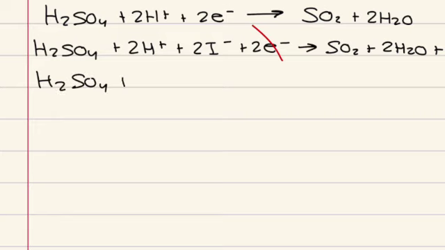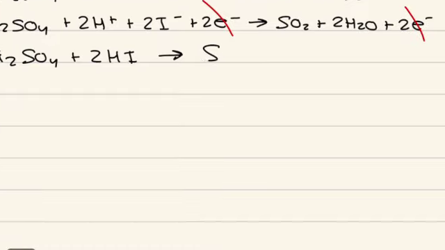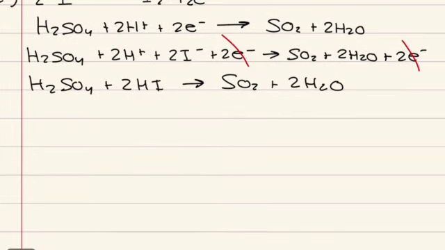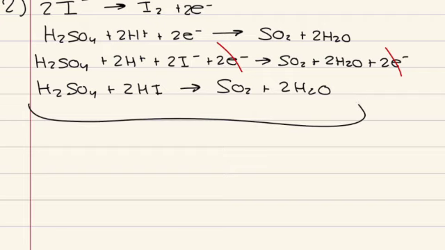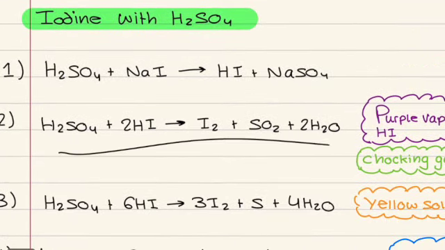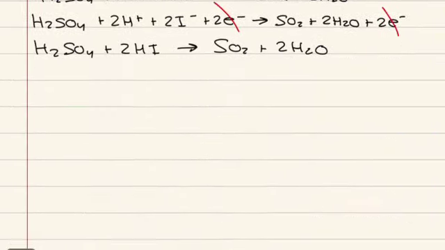So that's our first equation constructed. I hope you understand how we did that. So as you can see here, we have this, and it's the exact same as this.